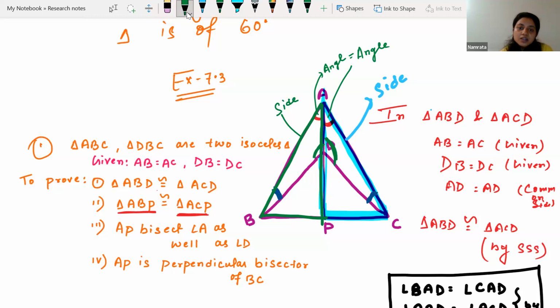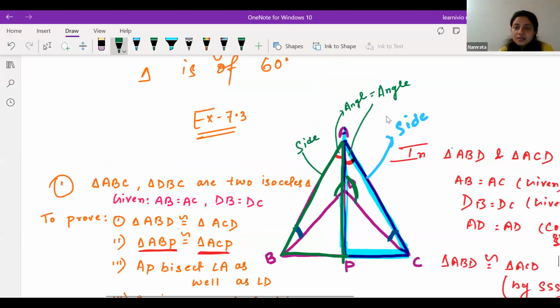Can you see my cursor? Everyone? Yes, ma'am. Any confusion, Sumaira and Aris? Any confusion? Okay. Who told you not to speak, Sumaira?